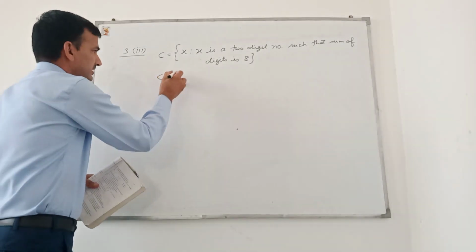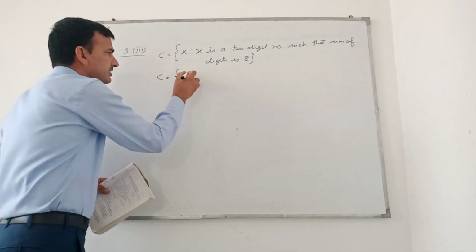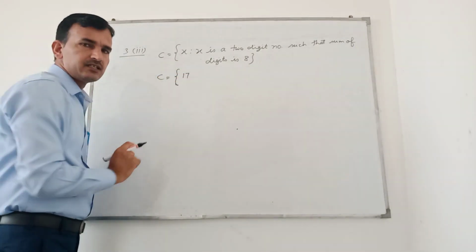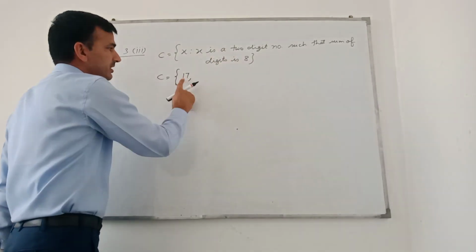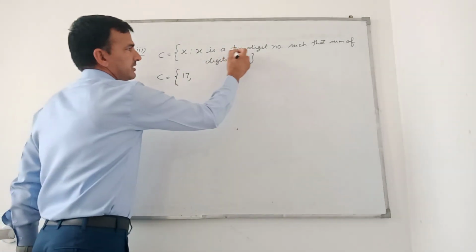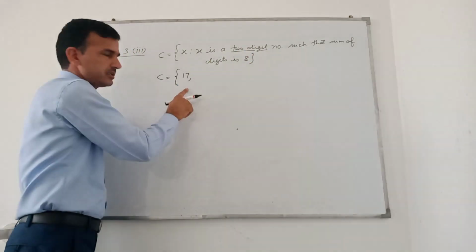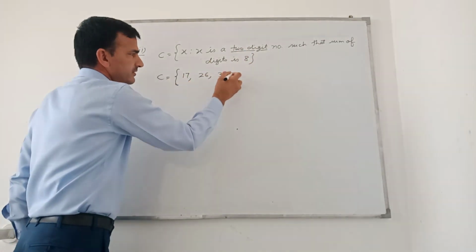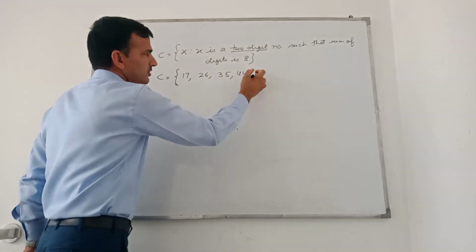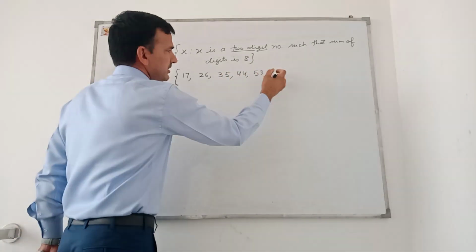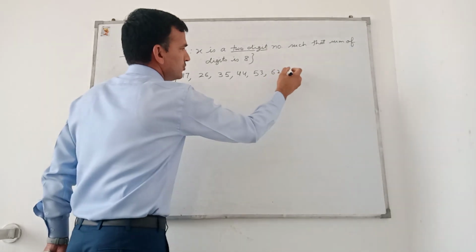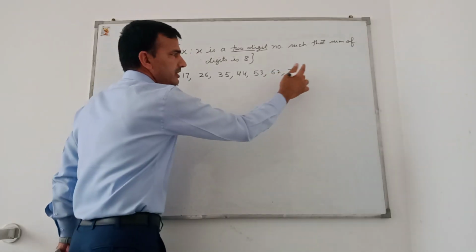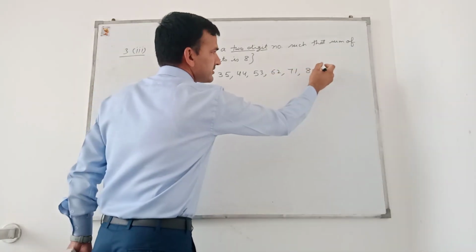Then the numbers are: the first number is 17, a 2-digit number. Second is 26, 35, 44, 53, 62, 71, and the last is 80.